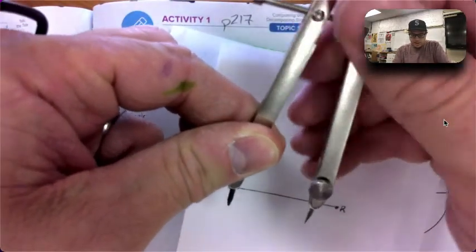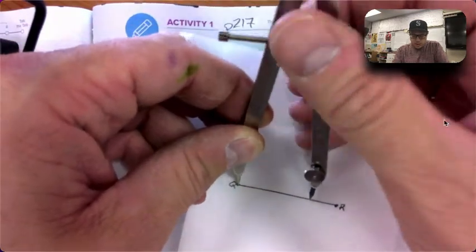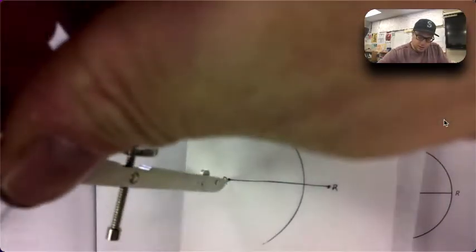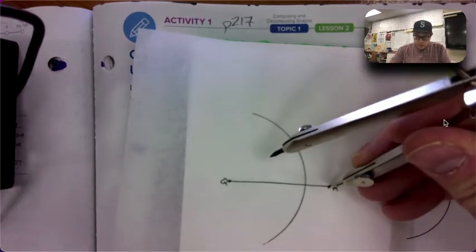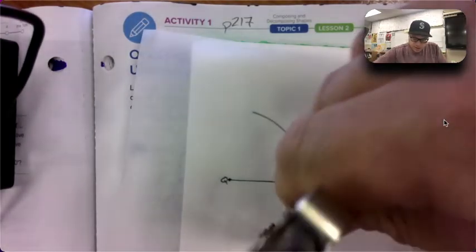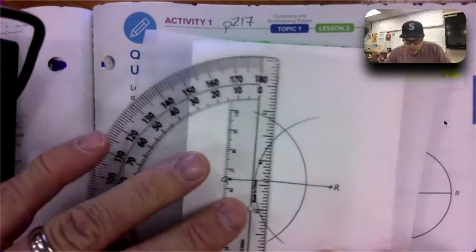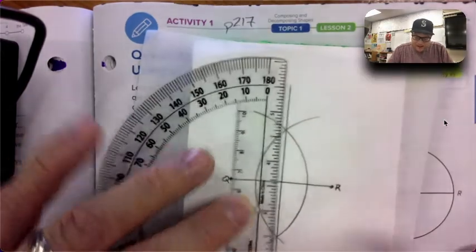I'm using the fancy one from Walmart, not a sponsor. I'm going to draw 2 half circles that cross. There's one of my half circles centered at Q. Here's my other half circle centered at R. We see that they cross. So this line that I'm drawing right here is called the perpendicular bisector.